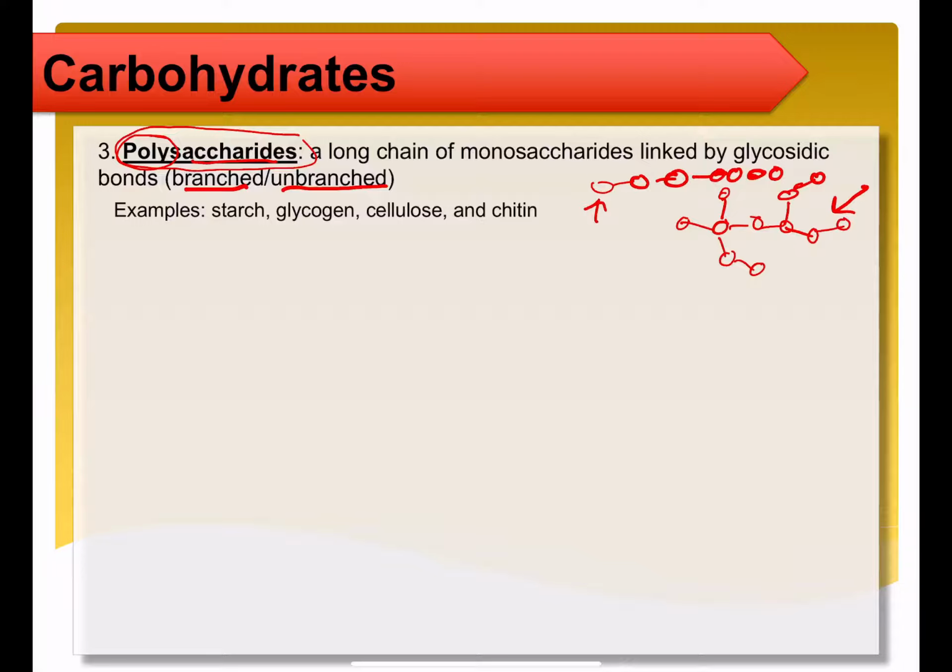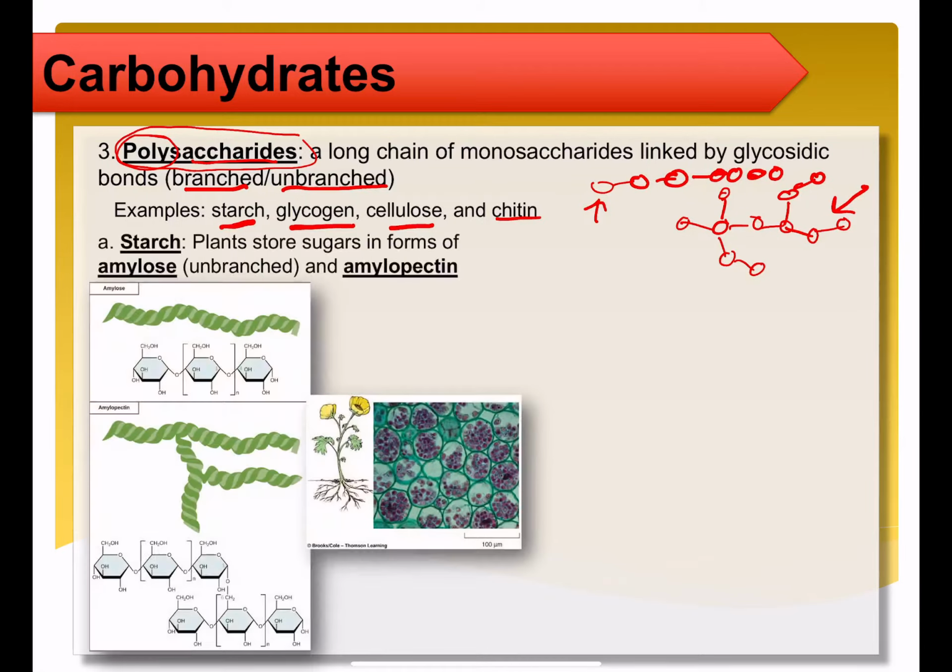Common examples of polysaccharides that we may see and even eat are starch, glycogen, cellulose, and chitin. We will go through what each of these are next. There are two specific types of starch, and we'll start with starch first.